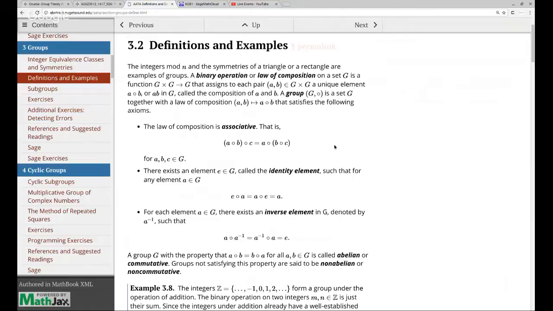Now, this is implied by Judson when he says that the binary operation is a function, circle, sending the Cartesian product of the group with itself. Remember, that's the set of all ordered pairs.